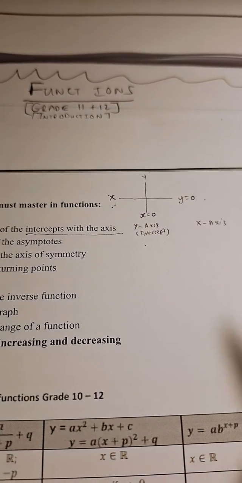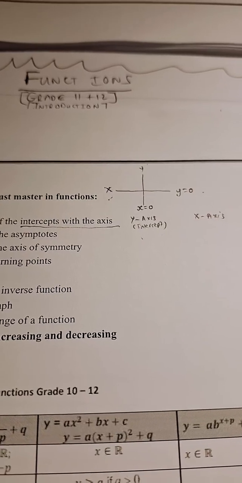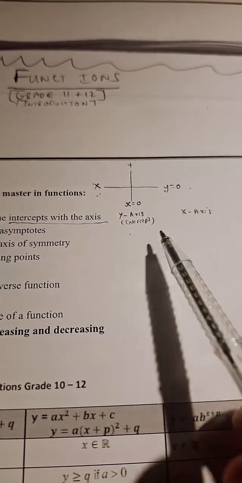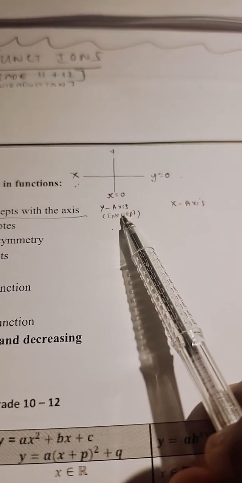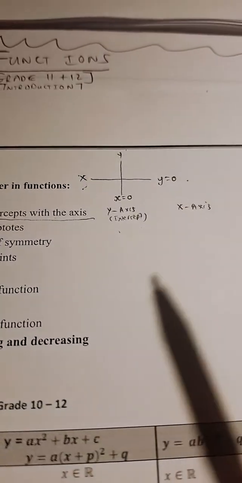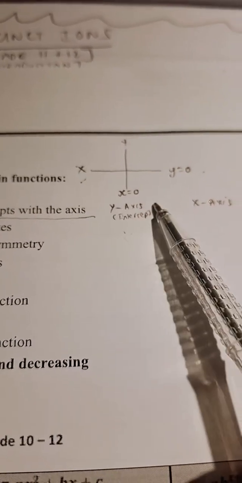It's when you are cutting through, passing through, overlapping, or crossing a particular line, which is the y-axis. So if we overlap, cross, cut through the y-axis, and we want what we call the y-intercept, the intercept with the y-axis, what do we do? Yeah, very good, guys.